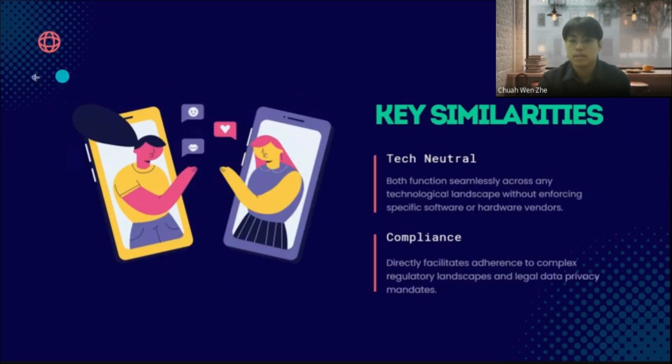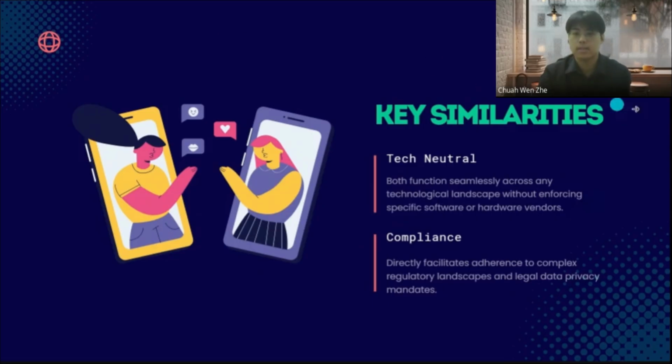The third one is technology neutral. Both frameworks work seamlessly across any technology landscape without enforcing specific software or hardware vendors. The fourth one, last one, is compliance, which directly facilitates adherence to complex regulatory landscapes and legal data privacy matters.